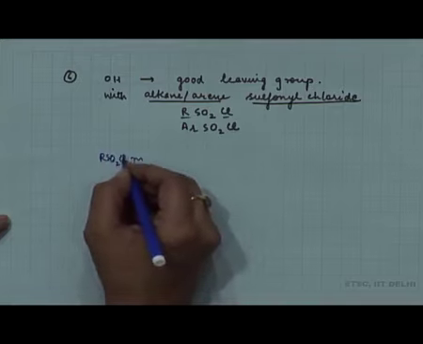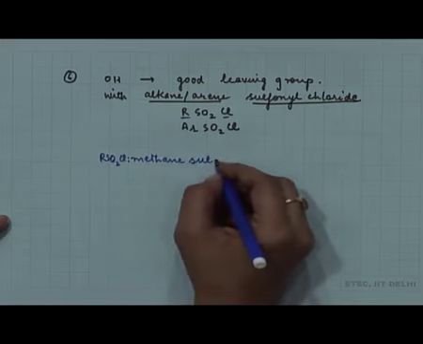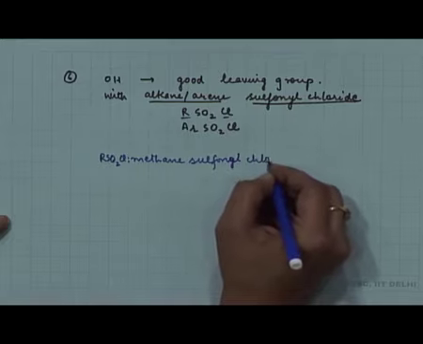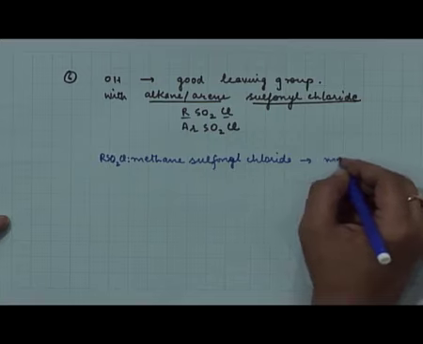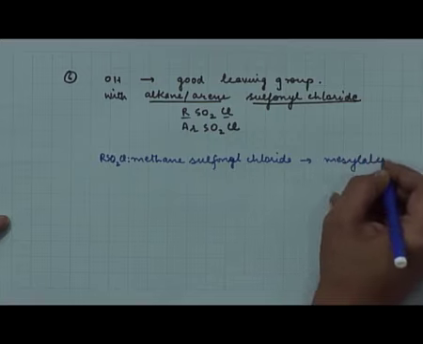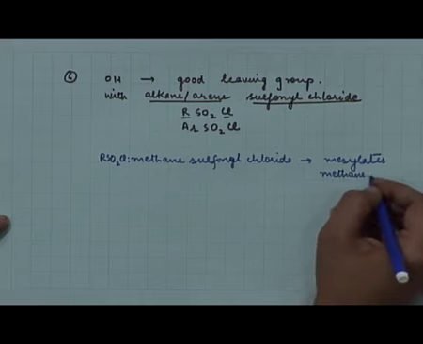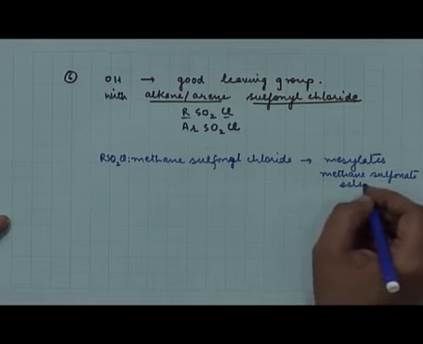When you treat an alcohol with methane sulfonyl chloride, you get the corresponding sulfonates which we call mesylates. These mesylates are nothing but methane sulfonate esters.